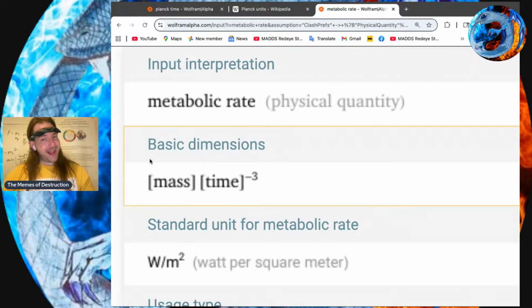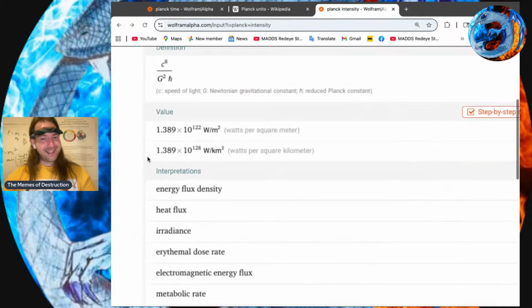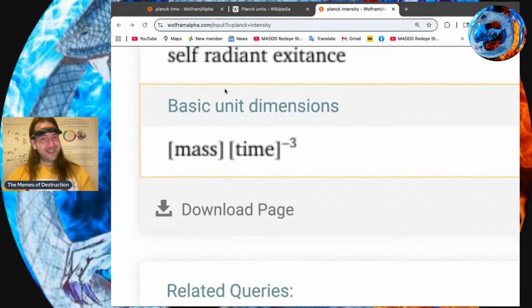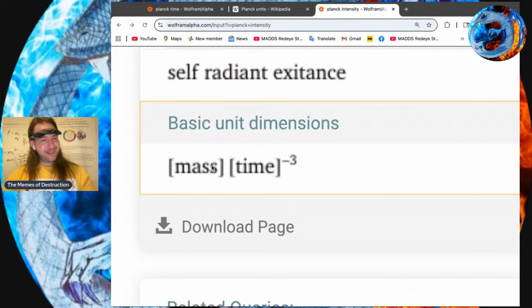So if you express this as mass, it'd be mass divided by time. Since it's positive, it's to the first power. Basically, it's the thing itself. You go back again, down to the bottom. Oh, look, Planck intensity is a mass divided by time cubed.